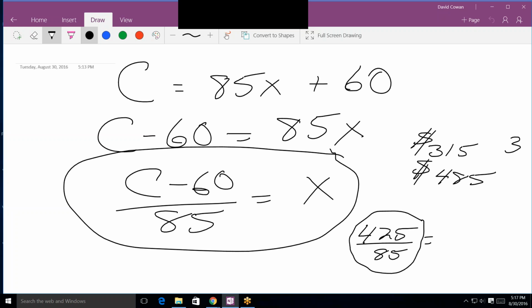It can't be 4.5 or 5.5. We're talking ski trips here, so there's no such thing as half of a trip or 9/10 of a trip.